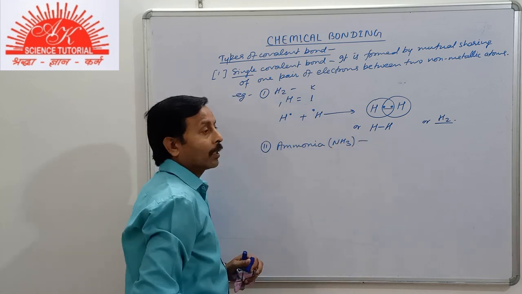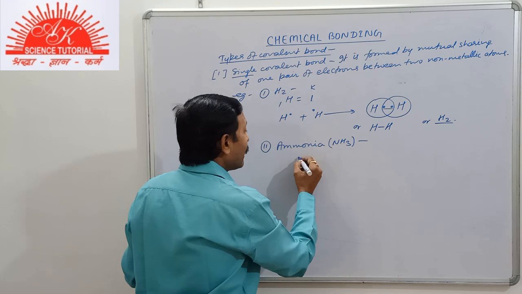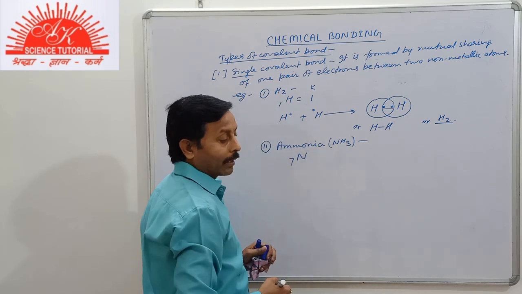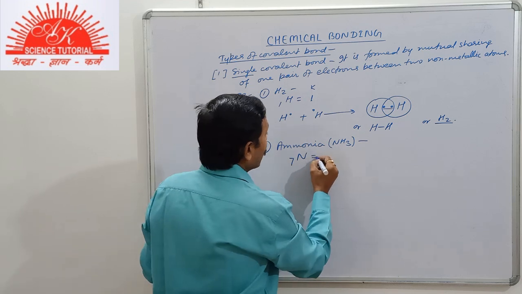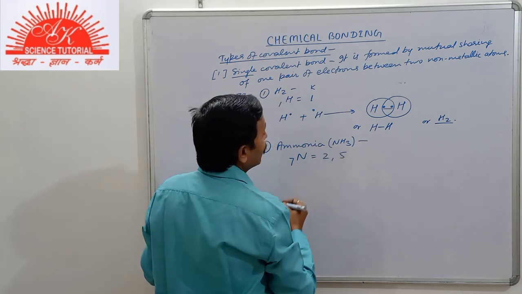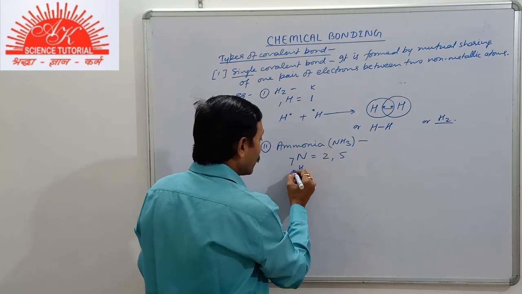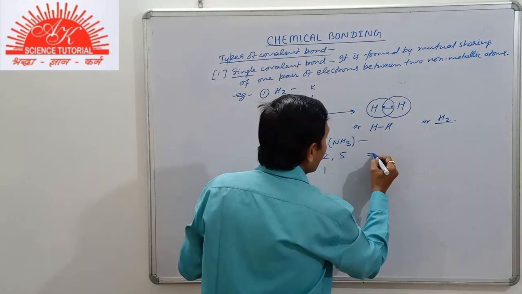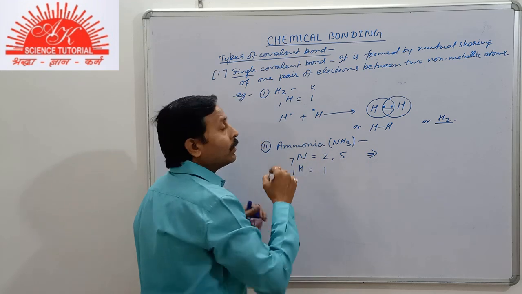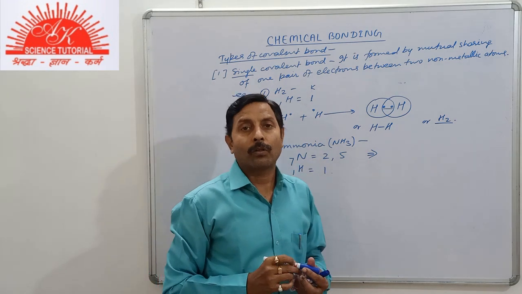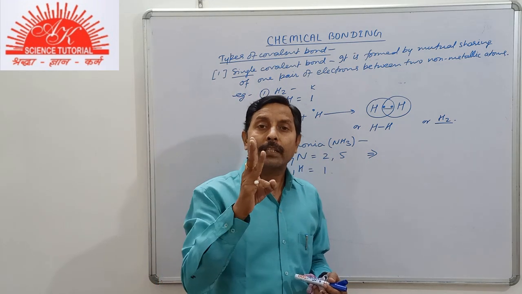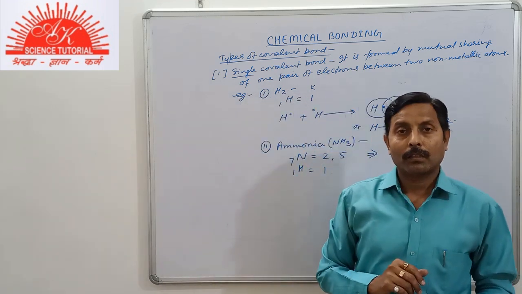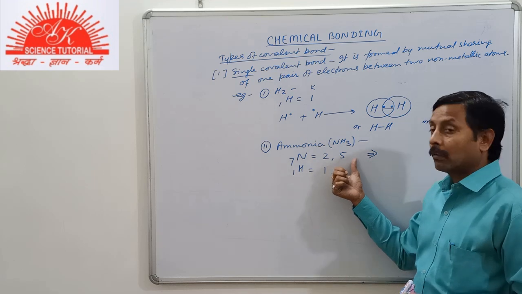NH3. Now you see that in ammonia, nitrogen has 5 valence electrons. 2, 5 is the configuration. Hydrogen has 1, hence 1. Nitrogen has 5 valence electrons and it requires 3 more electrons to complete its octet in the valence shell.